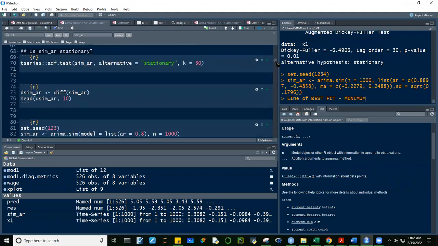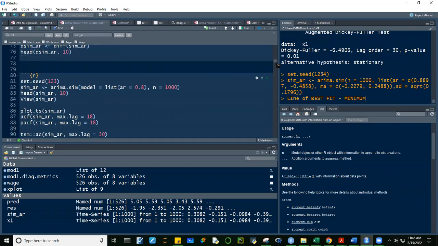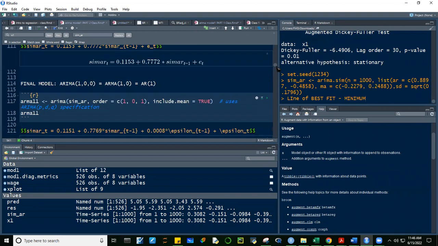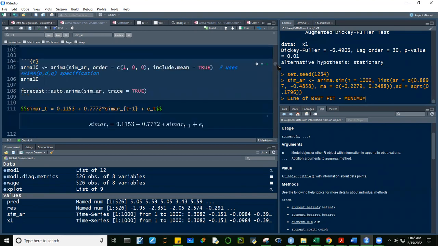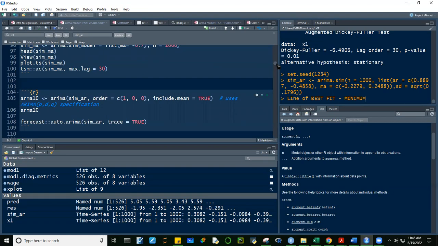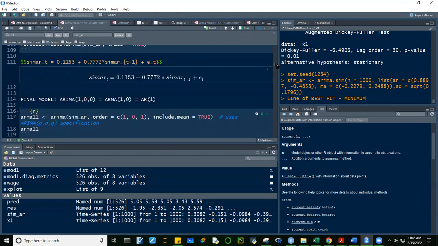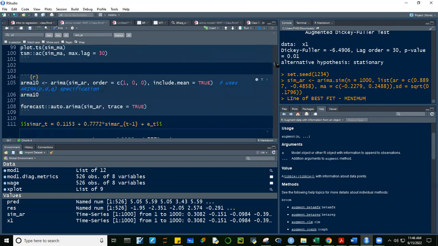I'd like to see SIM.r. Okay, I'm generating this object ARMA10 because I want to model SIMR as ARMA1, AR1, ARMA10 or AR1.